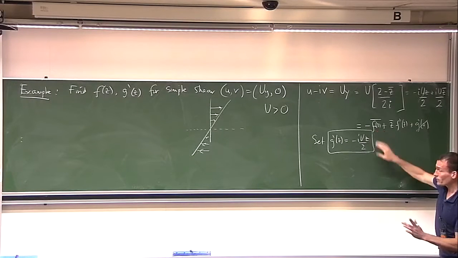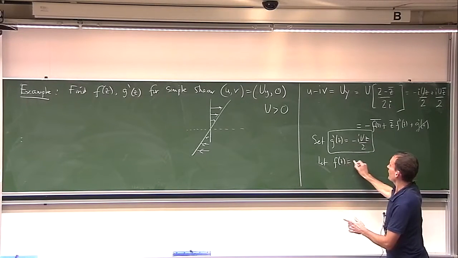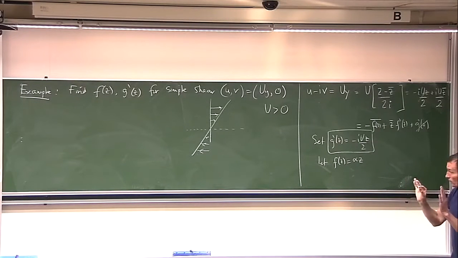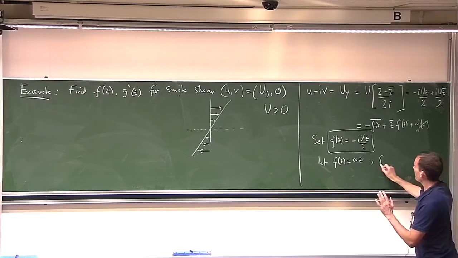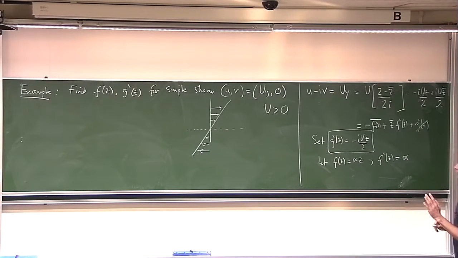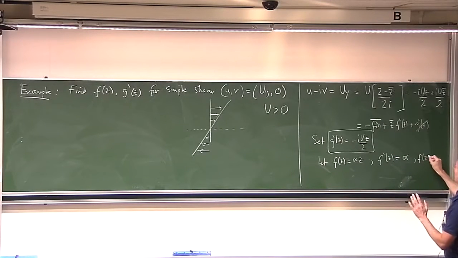So in other words, let's let f of z be alpha z. Remember, it's got to be an analytic function, but you can see then that f prime will be alpha. And f of z bar will be alpha bar z bar.